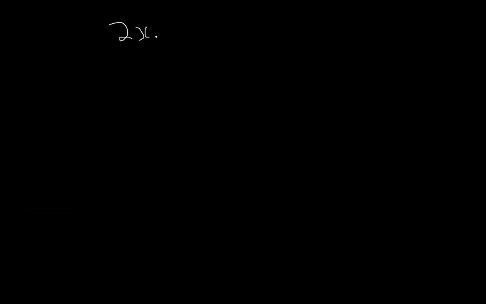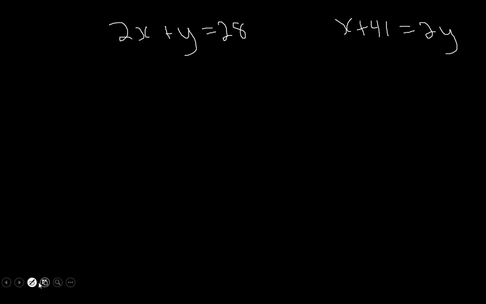So 2x plus y is equal to 28, and x plus 41 is equal to 2y. I want you to find the point of intersection. So your answer is in the form x comma y.